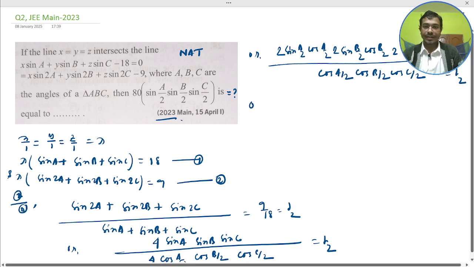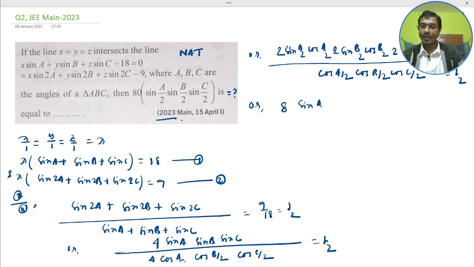So next just simplify: 8 sin A by 2 sin B by 2 sin C by 2 equal to half, or you just get the value of sin A by 2 into sin B by 2 into sin C by 2 equal to 1 by 16.